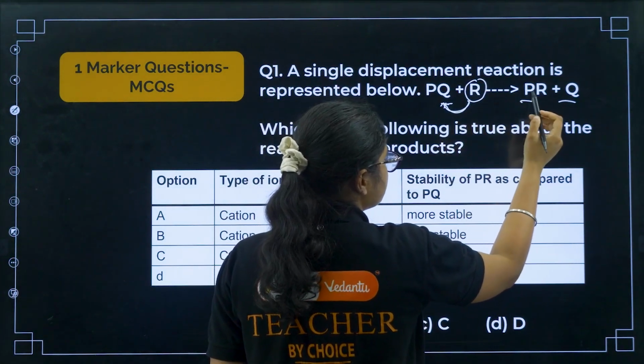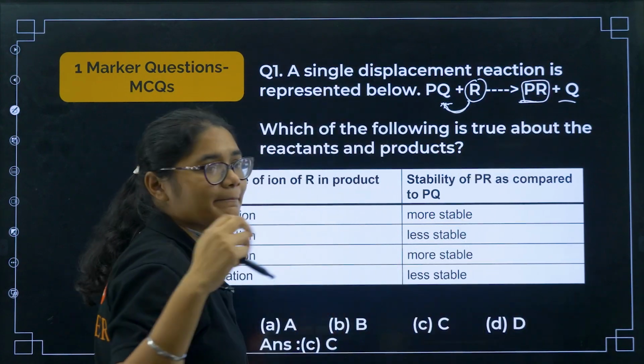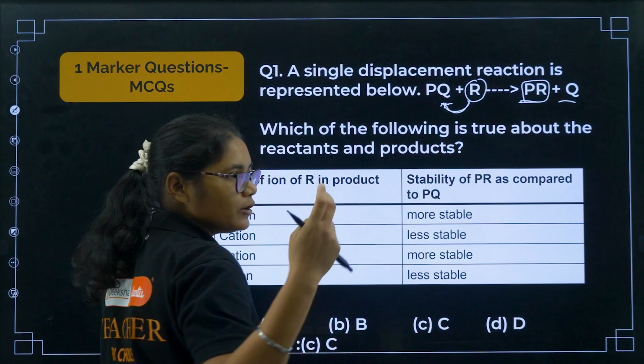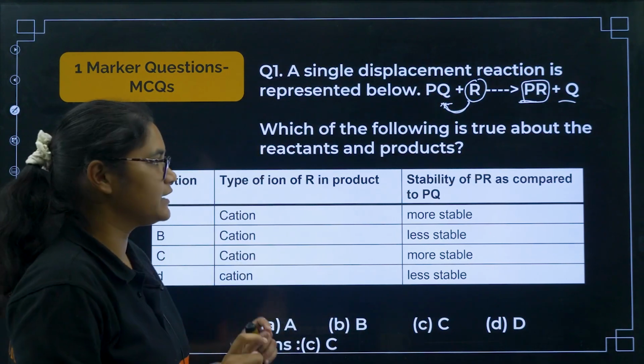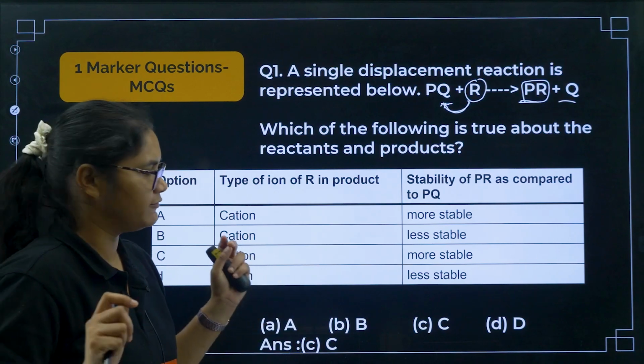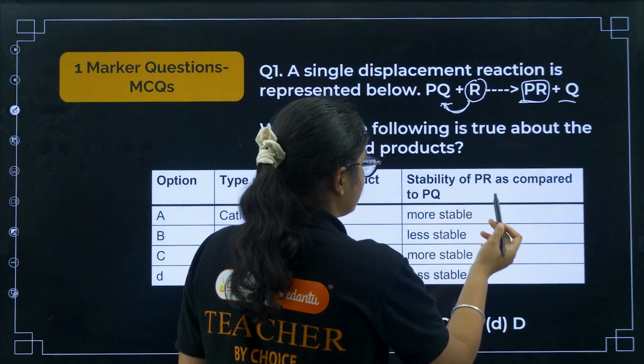You should not go by the order in which it is written. A metal displaces another metal, right? So if this is a metal, and we all know that metals form cations, then R has to be a cation. Here all the options are cations, so you do not have to think about that. Next, the stability of PR as compared to PQ.